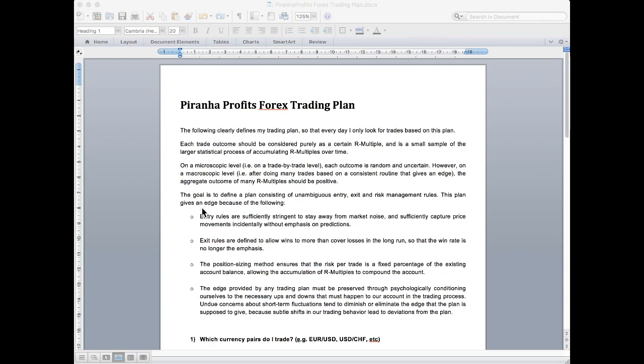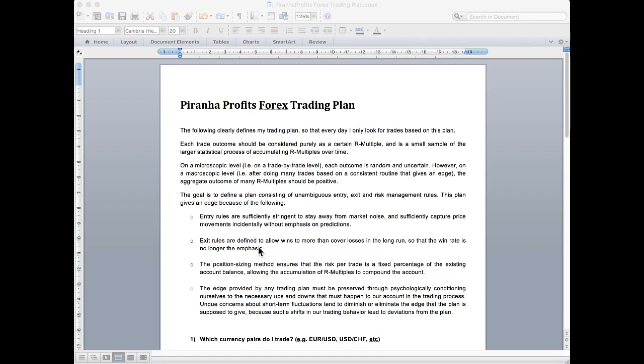This plan gives us an edge because of the following. Number one, entry rules have been given to you that are sufficiently stringent to stay away from market noise and sufficiently capture price movements incidentally, without emphasis on predictions. Remember, we are not here to predict the market or the price on a trade-by-trade basis, but to follow our plan that gives us an edge.